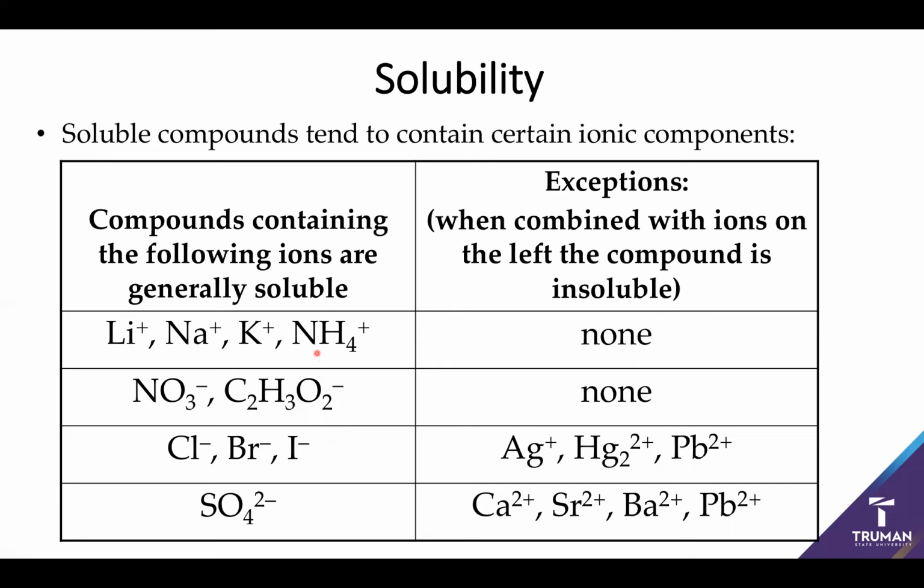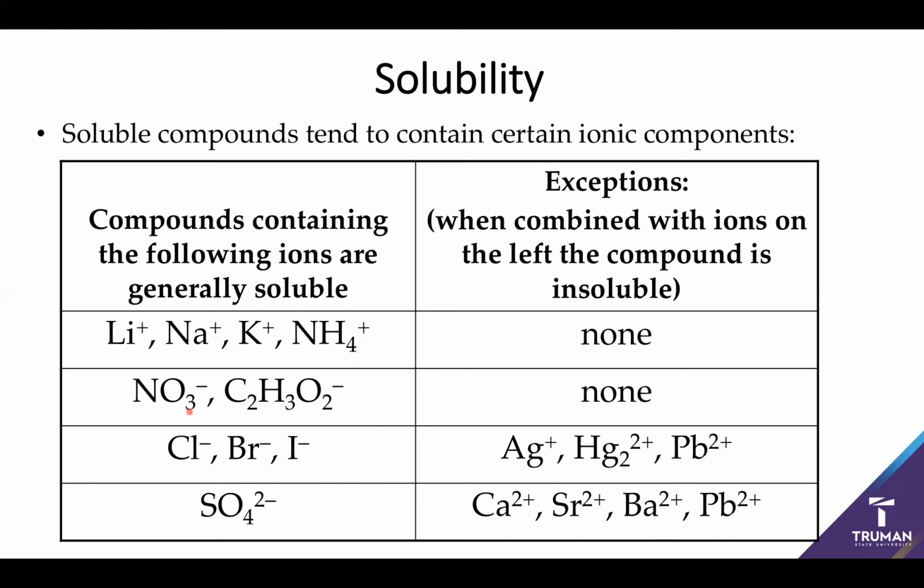On the anion side, we're looking at things like nitrate and acetate. Not too surprisingly, these tend to move through aquatic systems fairly quickly as they don't sit on and bind to anything. It's one of the reasons why nitrate pollution is quite a problem. There's no good way to solidify it out because it doesn't like to hang out with anybody. It just likes to go through the water.